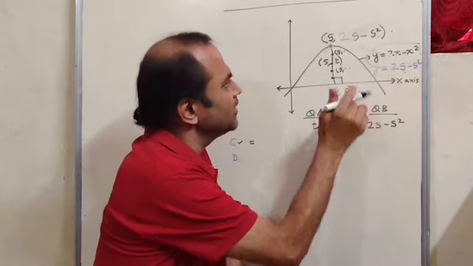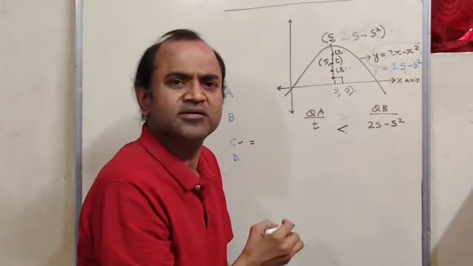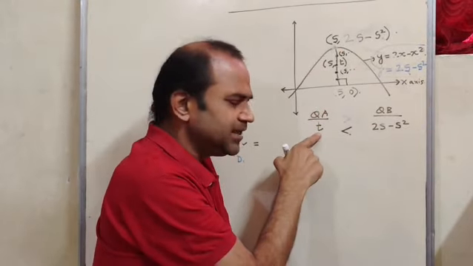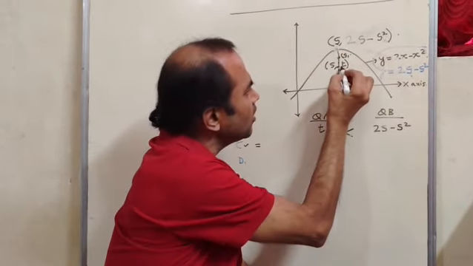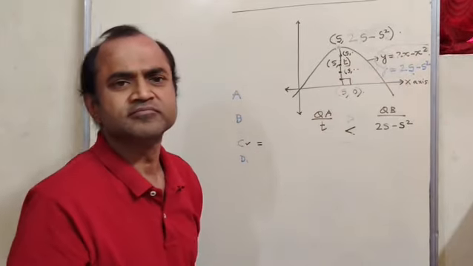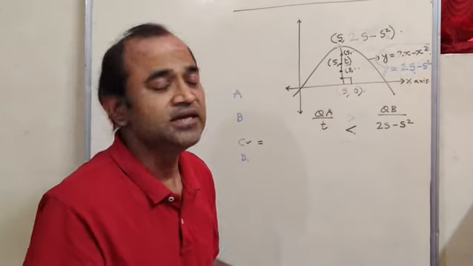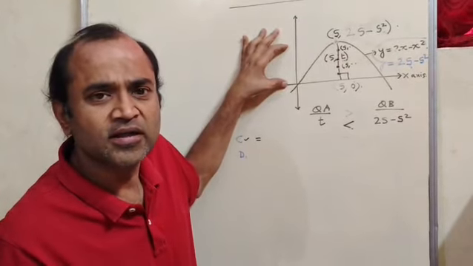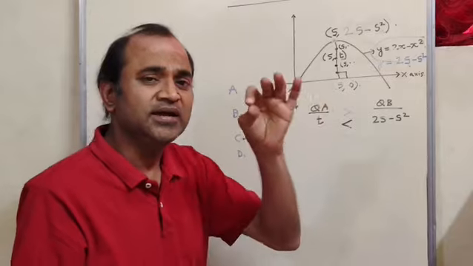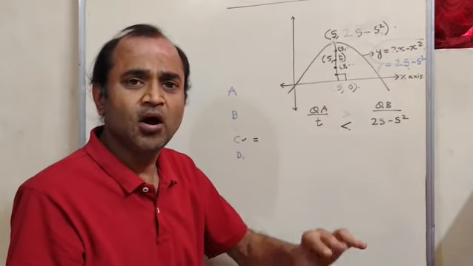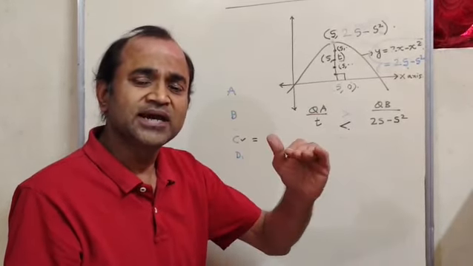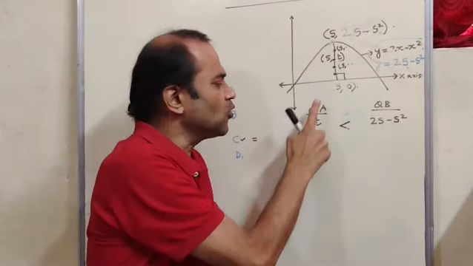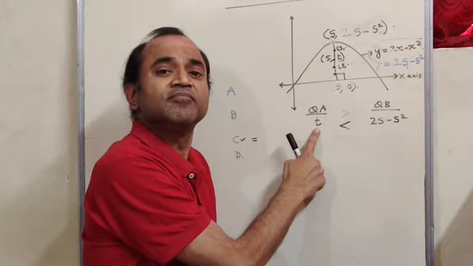2s minus s square is the y coordinate of this point, while t is the y coordinate of this point. As you can see from the figure on the board, 2s minus s square is the y coordinate of a point that lies above the point whose y coordinate is t.